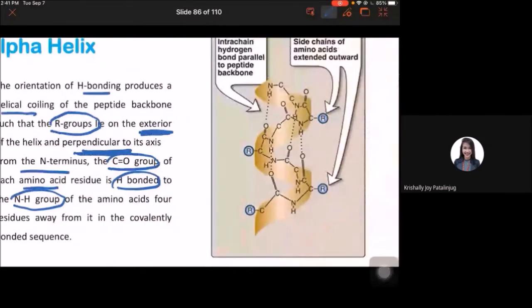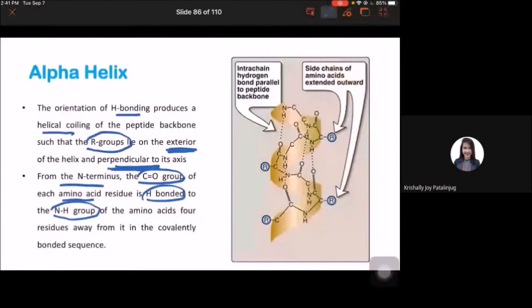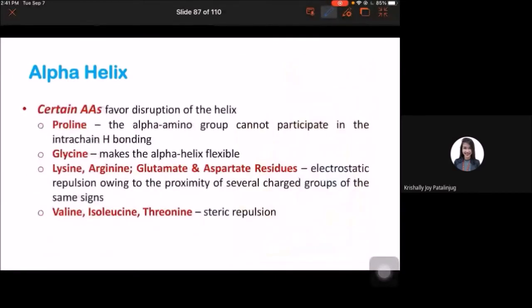Now, let me emphasize that the alpha helix is formed from different amino acids. It can be formed with different amino acid residues. However, it has to be realized that not all amino acids can participate in alpha helical formation.